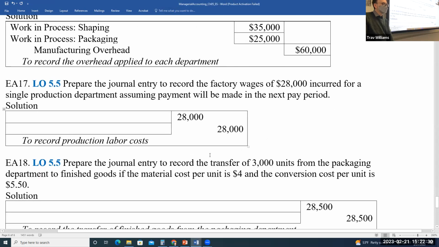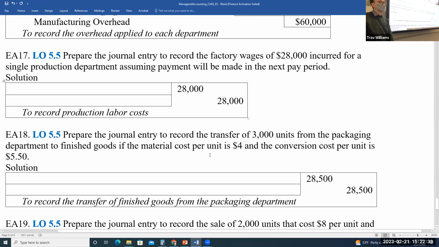Okay, number 17. Journal entry to record factory wages of $28,000 incurred for a single production department, assuming that payment will be made in the next period. Okay, what would we debit?